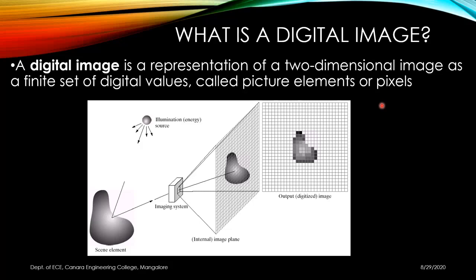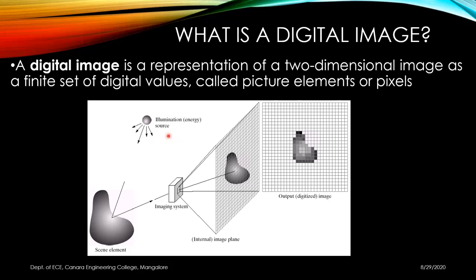This is the scene element or an object which needs to be captured, and we have an imaging system to capture the scene element. In order to capture it, you need light, and for that you have an illumination source. It can be a light source or any other radiation which can be captured.